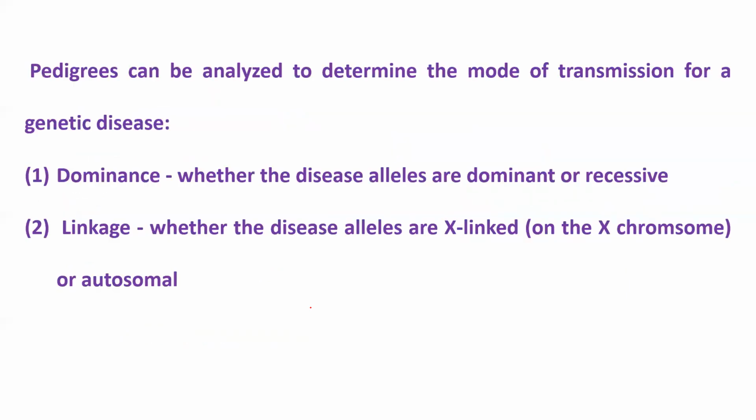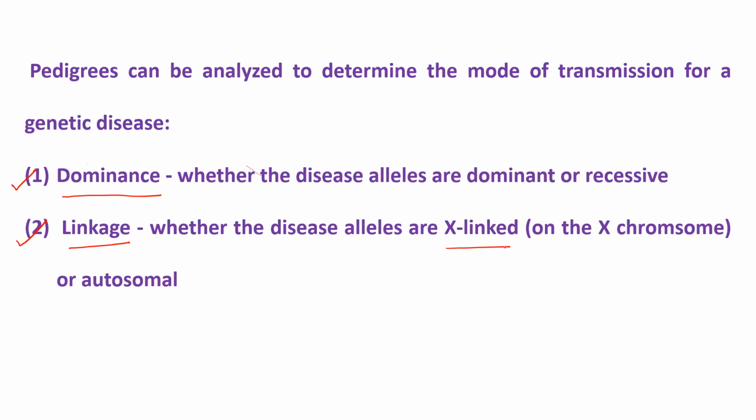Fine. A pedigree can be analyzed to determine the mode of transmission for a genetic disorder or disease. First is dominance: whether the disease alleles are dominant or recessive. This is one parameter. Second is linkage: whether the disease alleles are X-linked or autosomal.